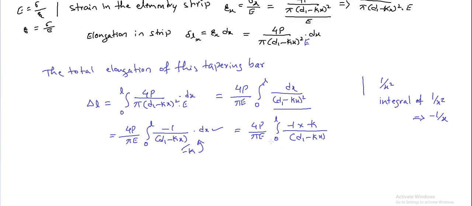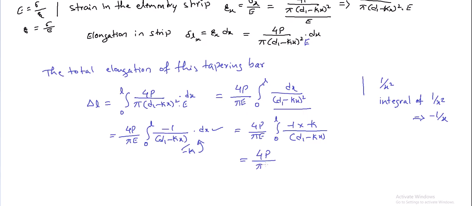Rewriting in simplified form, minus 1 into minus k is plus k.